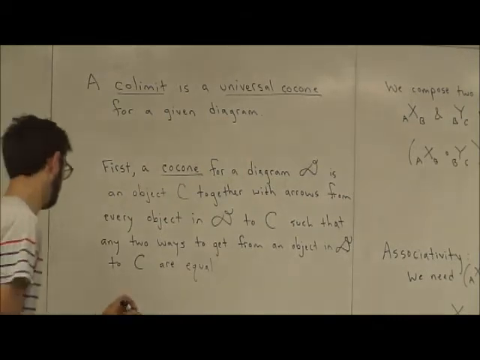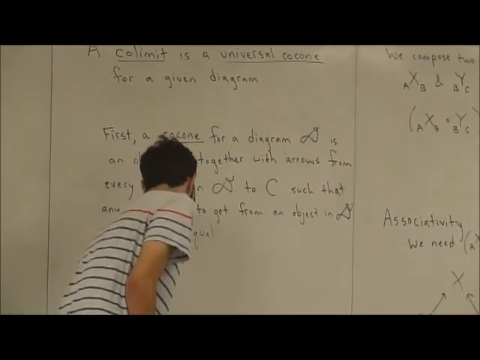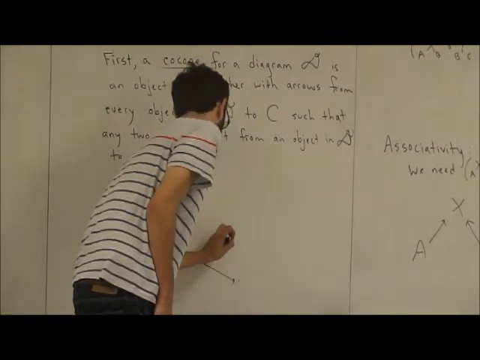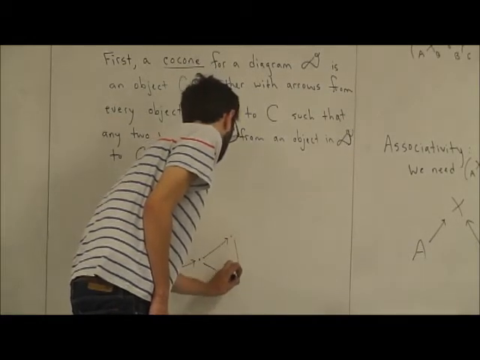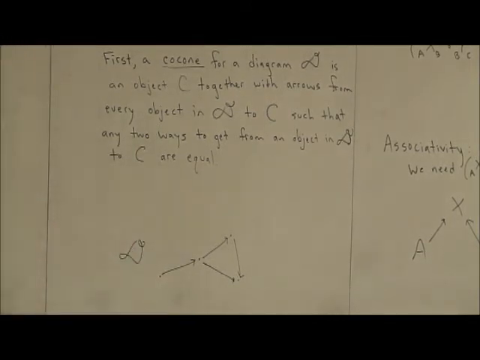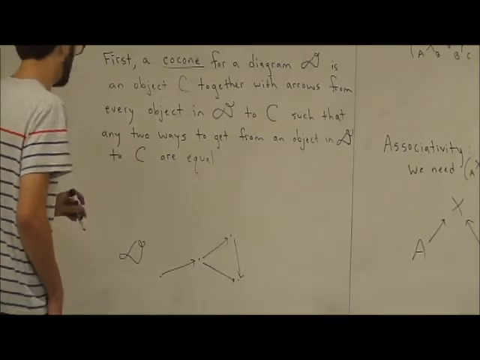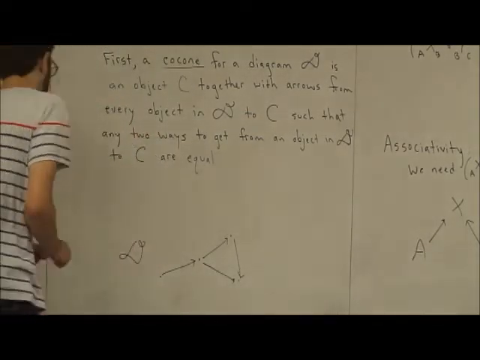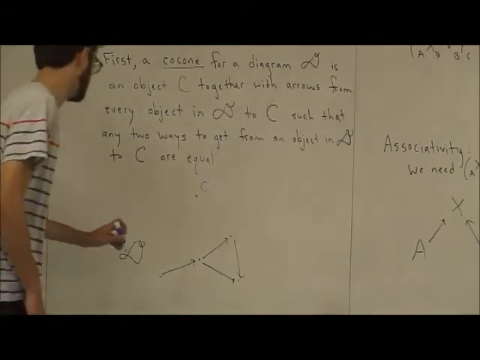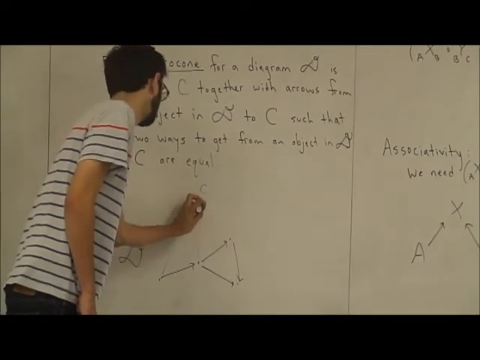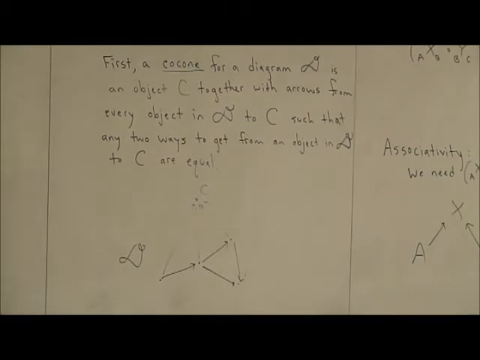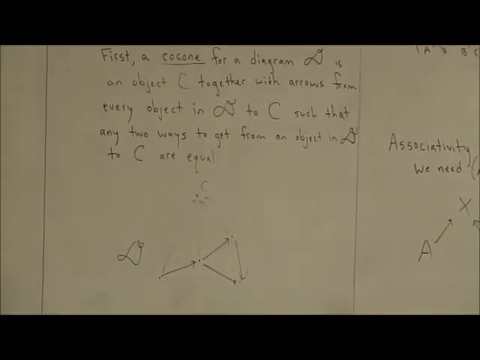Okay, so let's see an example. So you have some random diagram here, something like this. Say this is D. Then a colimit, or sorry, not a colimit yet, but a cocone is going to be a new object here, C, and arrows from every object in D to C. So that any two ways to get from an object down in D up to C are equal.